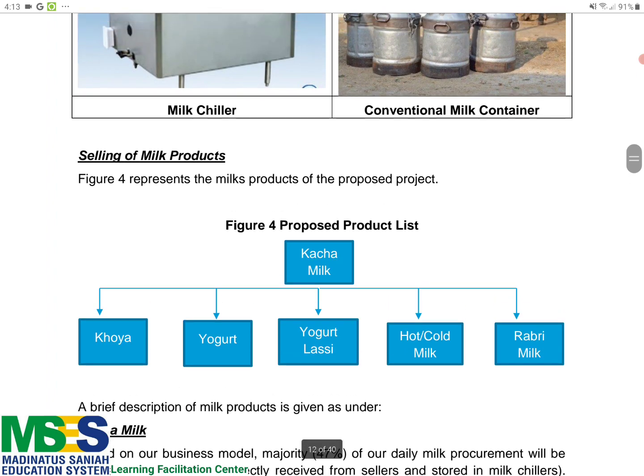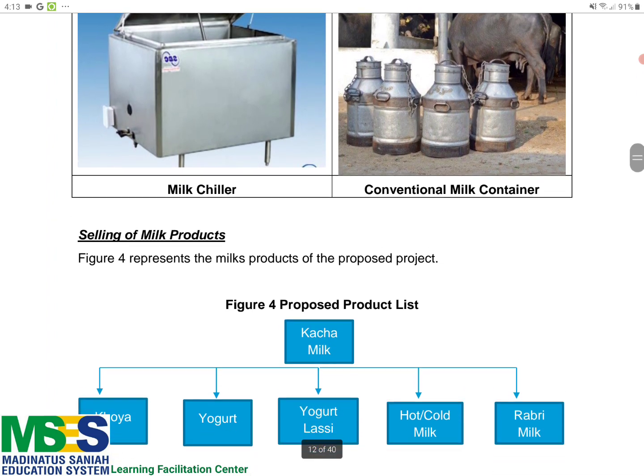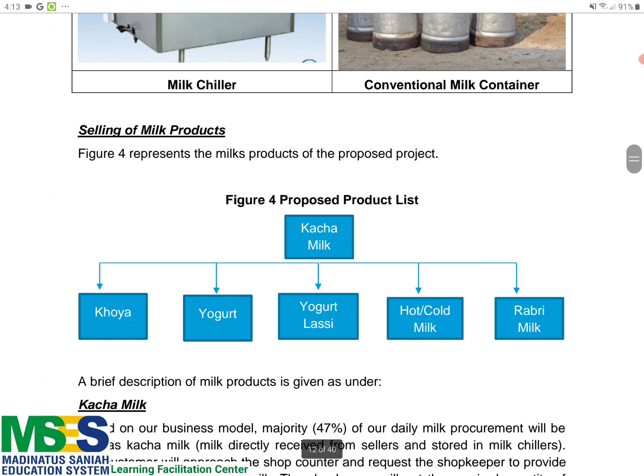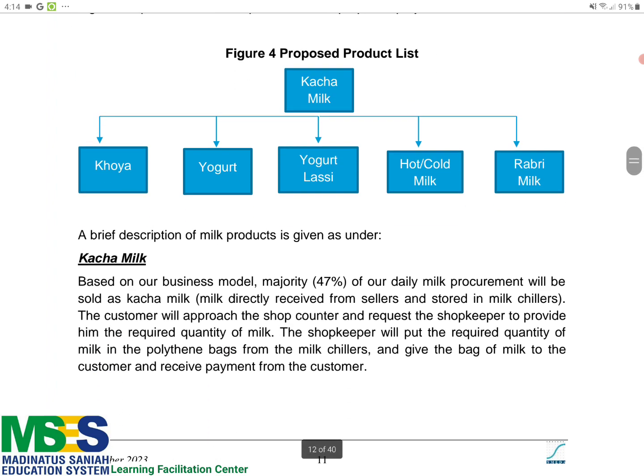So first of all, we need some machinery and some labor. We need some milk and cows. So from kacha milk, we make khoya, yogurt, yogurt lassi, hot and cold milk and rabdi milk.